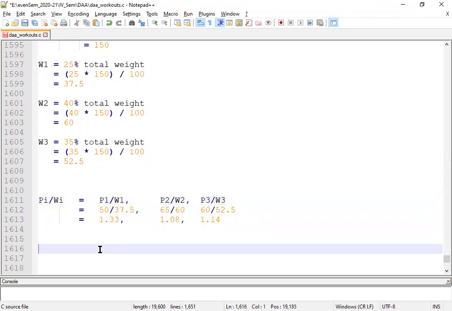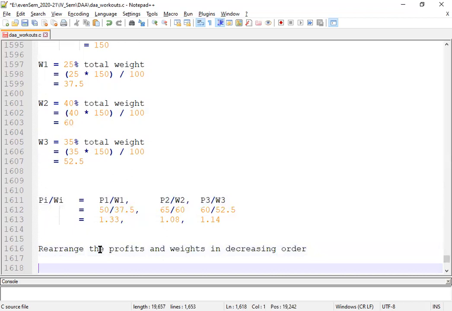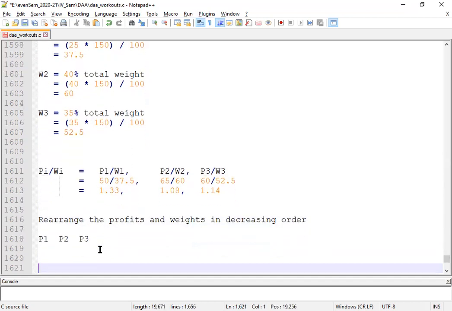Now let us rearrange all the objects, rearrange the profits and weights in decreasing order. So P1, P2, P3, then W1, W2, and W3.